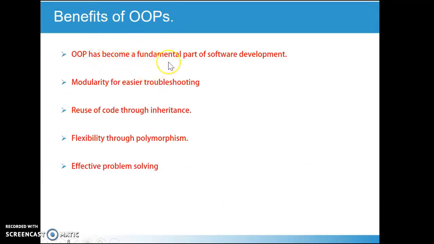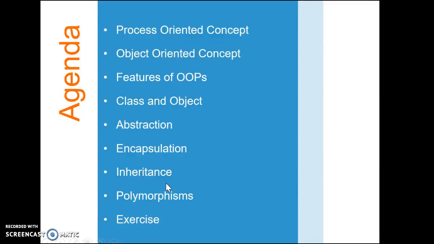OOPS has become a fundamental part of software development nowadays because it provides lightweight code. Multiple users can work and modify, and there is modularity for easier troubleshooting, reuse of code through inheritance, flexibility through polymorphism, and effective problem solving. These are the major advantages.